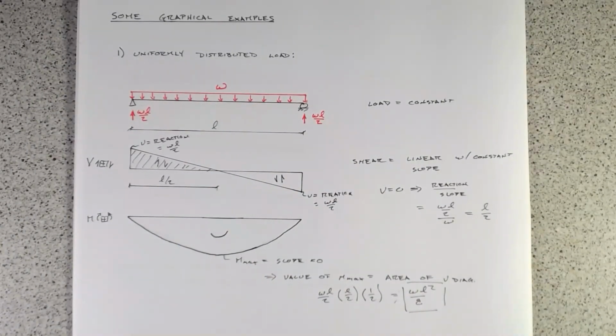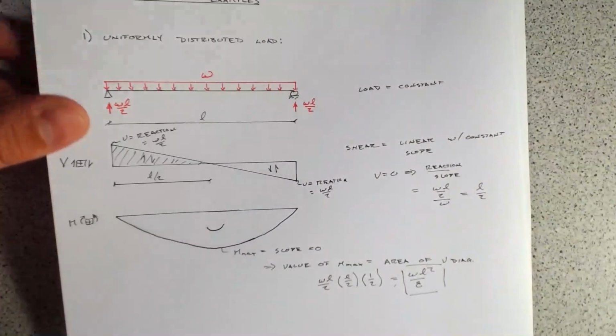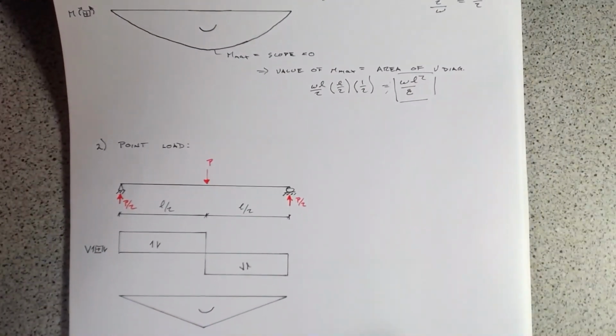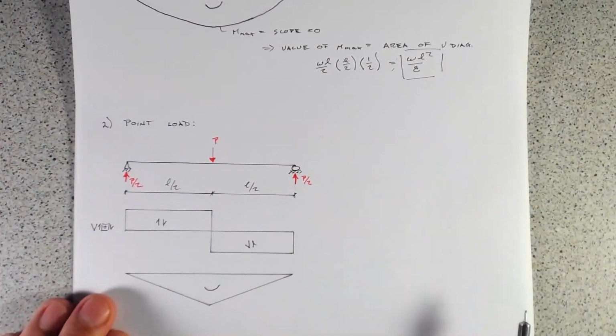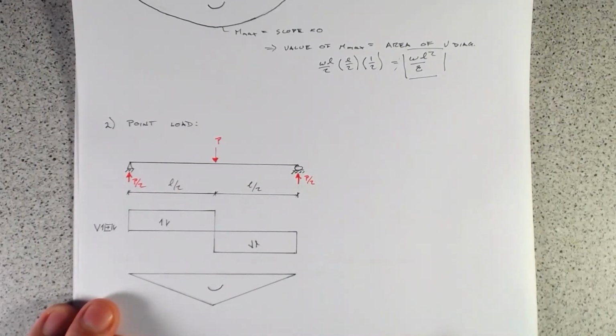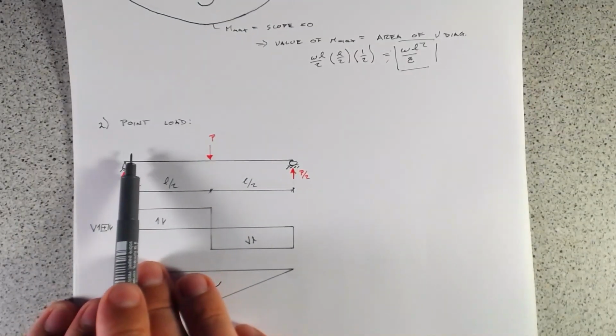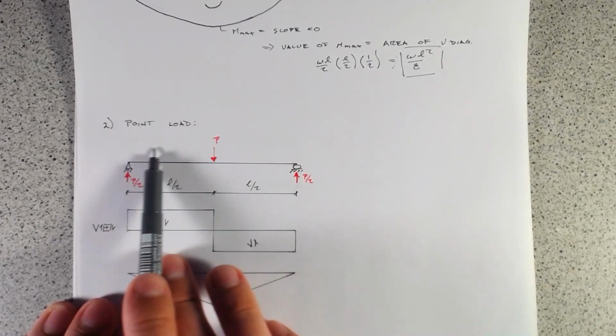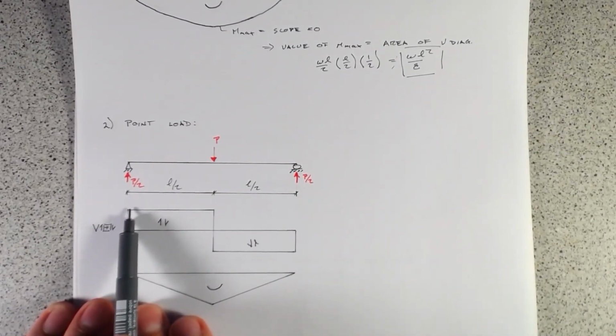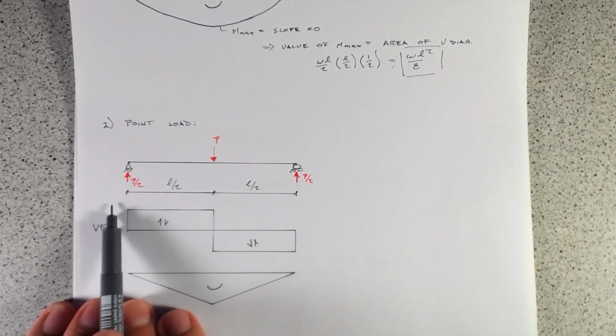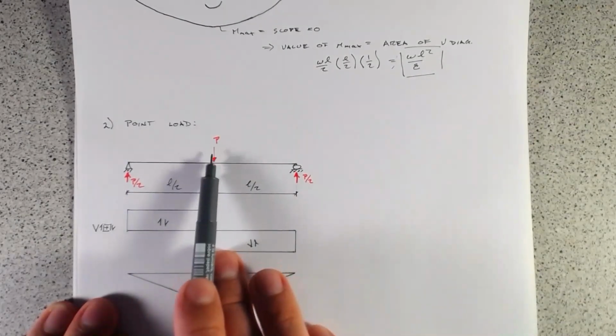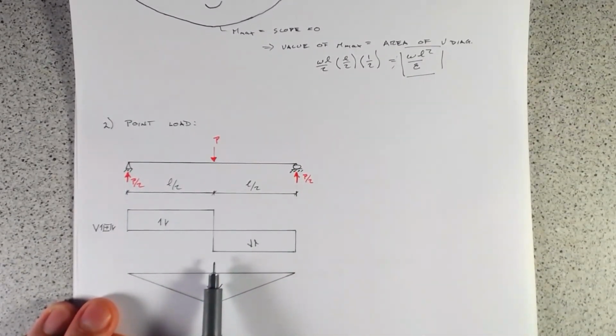Then, going through these next two examples quickly, just for the sake of time. If we have a point load, we have no applied force here, so the slope of our shear force is constant. It's 0. Then when we have a discontinuity, we jump up, and then we have no shear force here again.